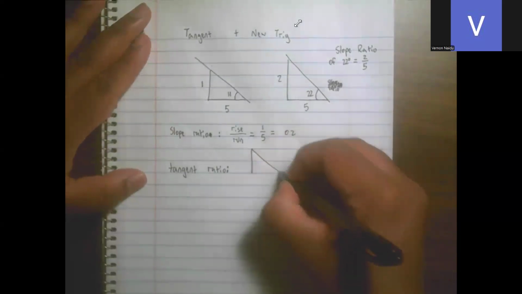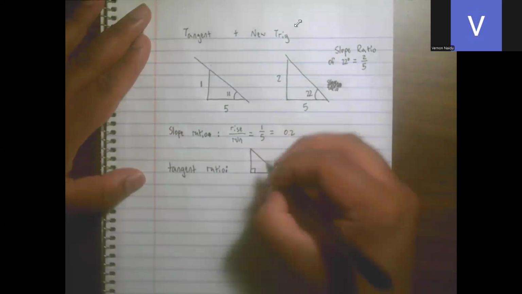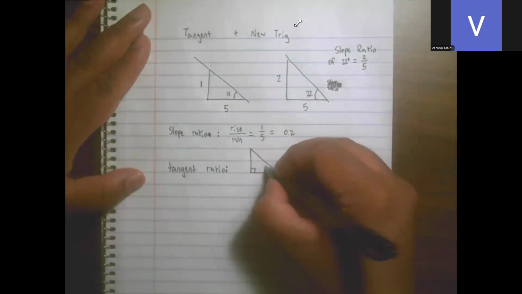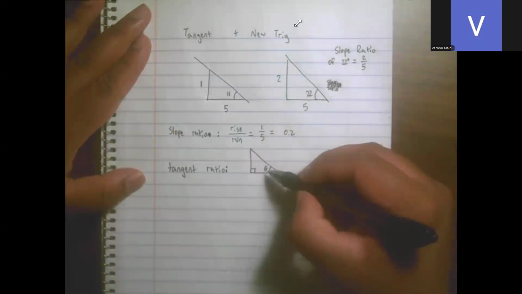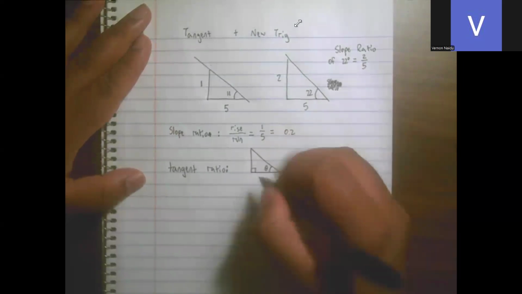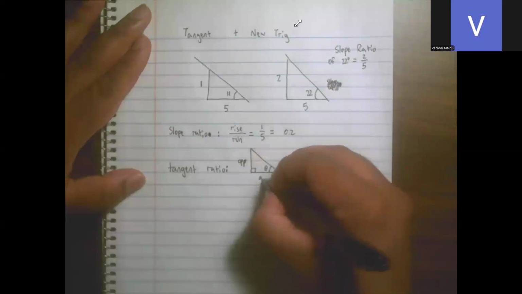Say we have a right triangle, and this is going to be our reference angle. We'll call it theta, which looks like a 0 with a dash through it. We'll call this side y. We'll call this the opposite side, and we'll call this side the adjacent side.